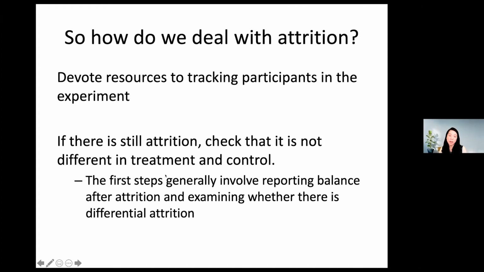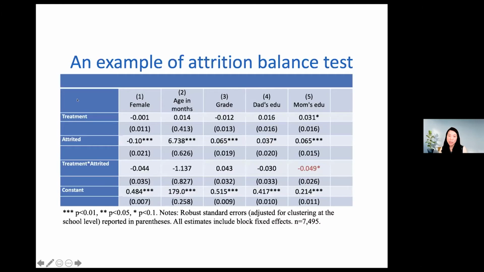So the first step, generally, we want to report the balance after attrition and examine whether it's a differential attrition. This is an example from a paper that I published before. There is some attrition in this experiment.